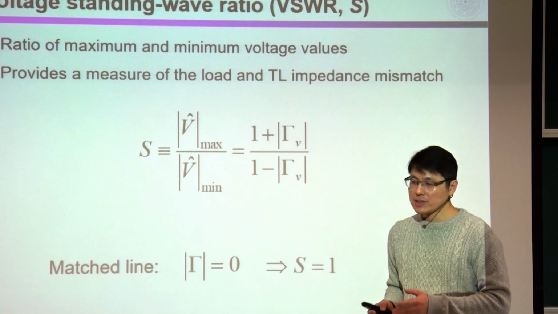Essentially, we only need to solve for V0 plus. That's the only remaining unknown. So we only need to solve for that. We relied on the definition of the reflection coefficient, right? And we are now relying on these two equations.